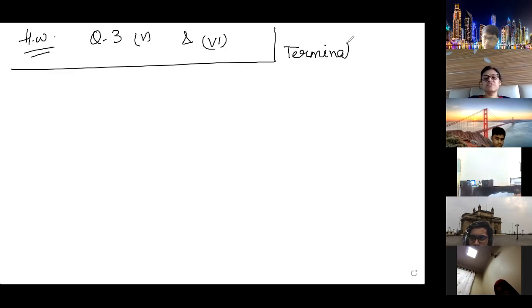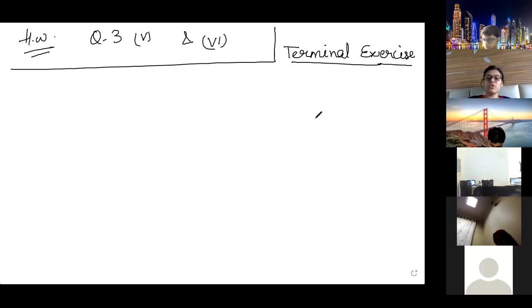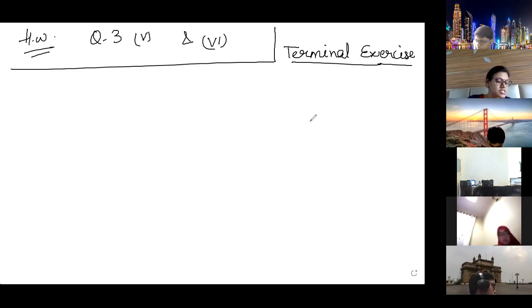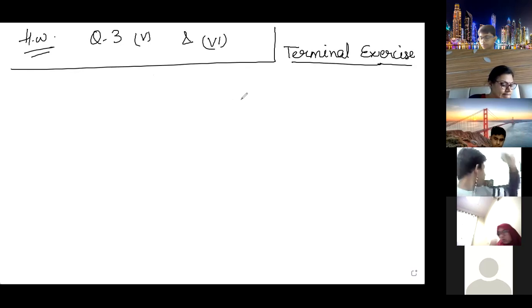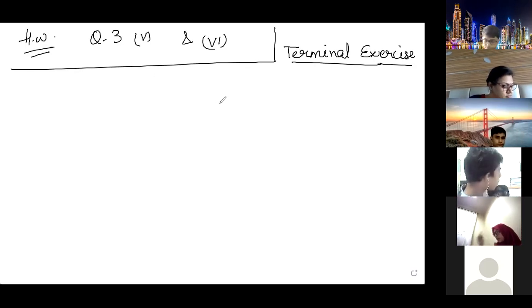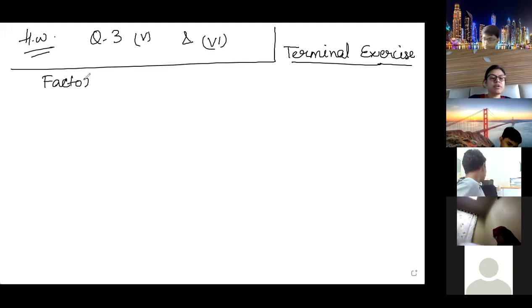Terminal exercise, different types of questions are there. So I'll make you do some questions and you mark those questions in the notebook. The rest of the questions you can do at home. So the terminal exercise is actually the whole chapter. Mixed questions are there. Okay. So MCQ I'm not doing.